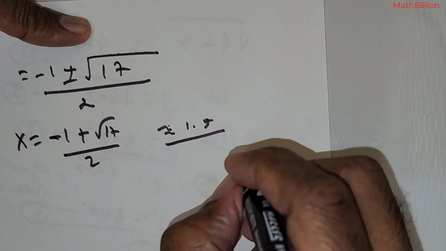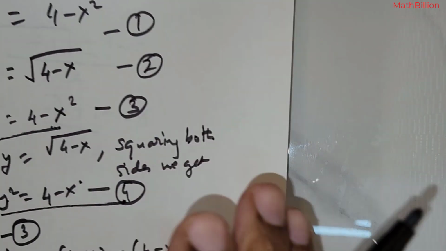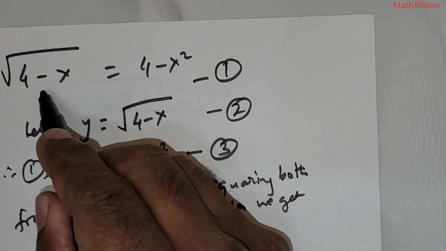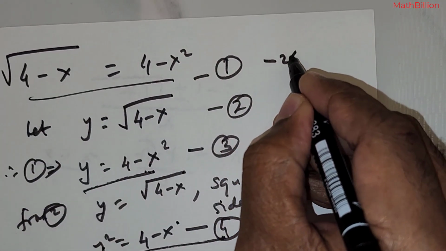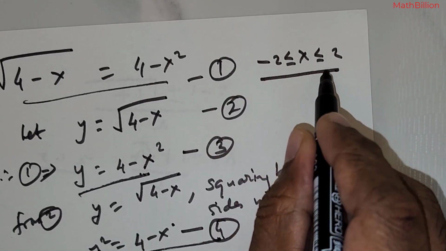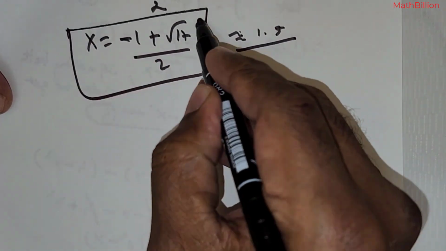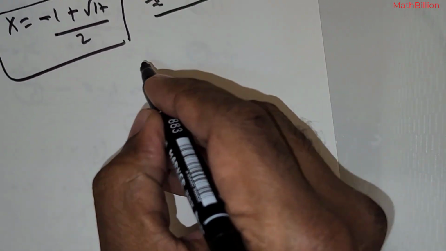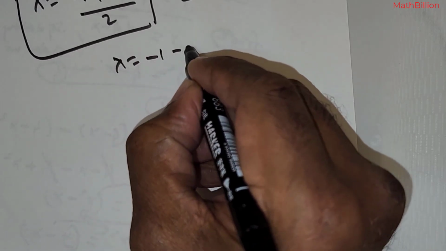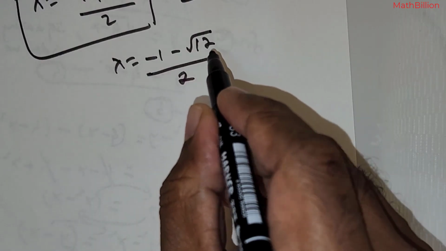Okay, approximate value. Now if you remember from the first step, this is valid only for all x lying between negative 2 less than or equal to x less than or equal to 2. So clearly this solution is valid, but the other solution x is equal to negative 1 minus root of 17 divided by 2.